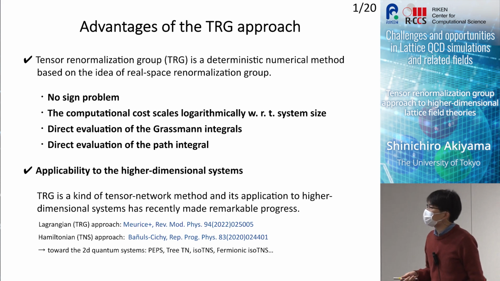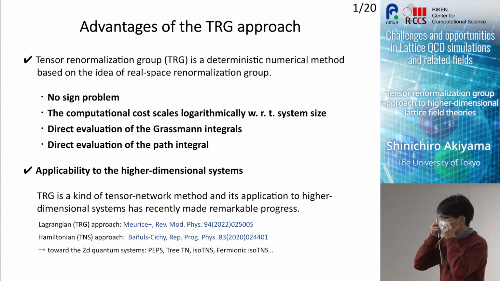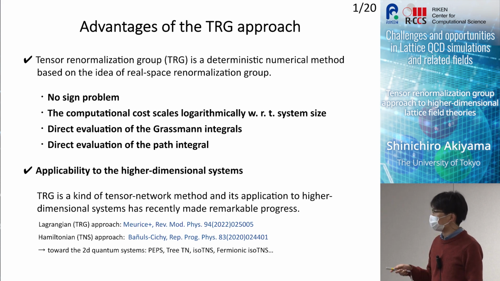The TRG is a typical type of tensor network method, and tensor network methods are recently used widely, not only in particle physics, but also in condensed matter physics and quantum information fields. Their application to higher dimensional systems has also been making remarkable progress very recently.